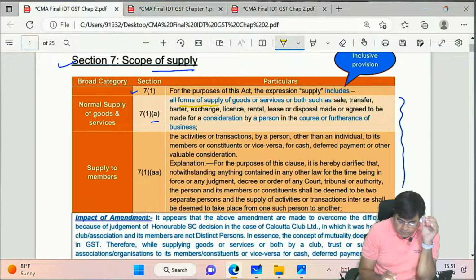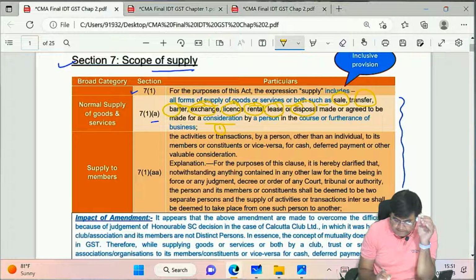All forms of supply of goods or services or both, such as sell, transfer, barter, exchange, license, rental, lease or disposal, made or agreed to be made for a consideration by a person in the course of furtherance of business.